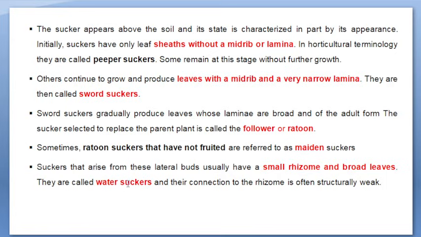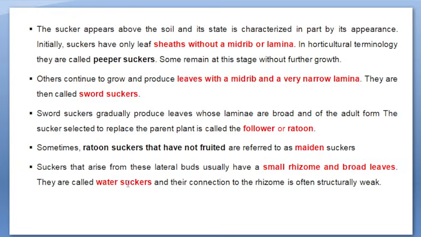So if the midrib or lamina is absent, that kind of suckers are called peeper suckers. And if the leaves and midrib are present but very narrow, that kind of suckers are sword suckers, with a well developed base. Follower or ratoon sucker is the one which replaces the parent.